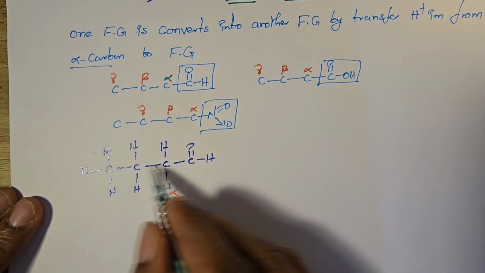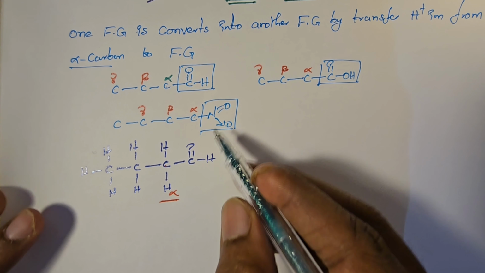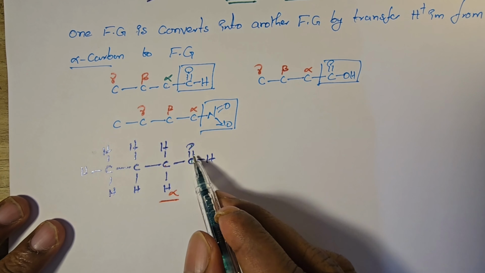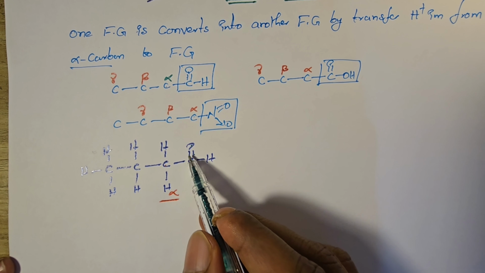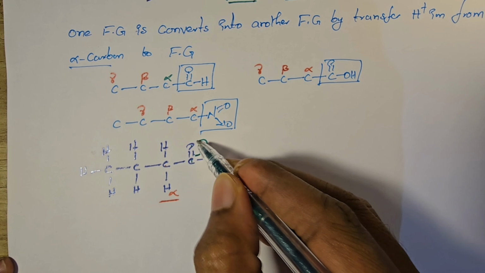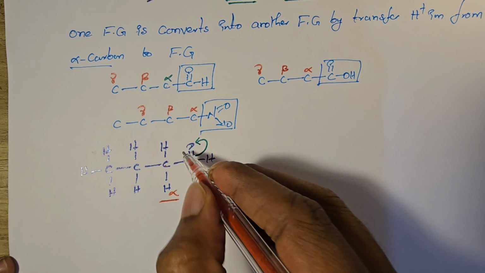So here in this system, which is the more electronegative element? Oxygen is the more electronegative element. Between carbon and oxygen, a double bond is present. One is a sigma bond, another is a pi bond. You know already that the pi bond is a weak bond. So the pi bonding electrons move towards the more electronegative atom, oxygen.